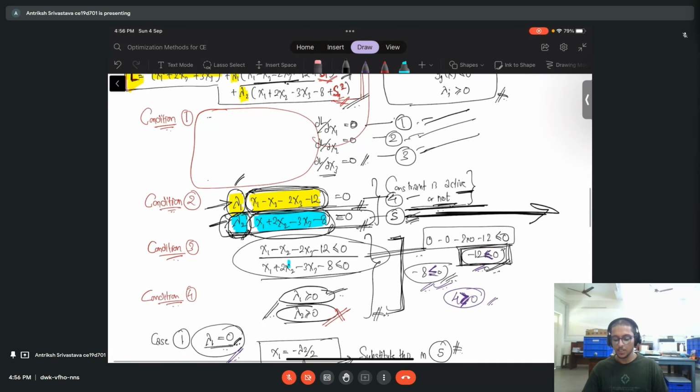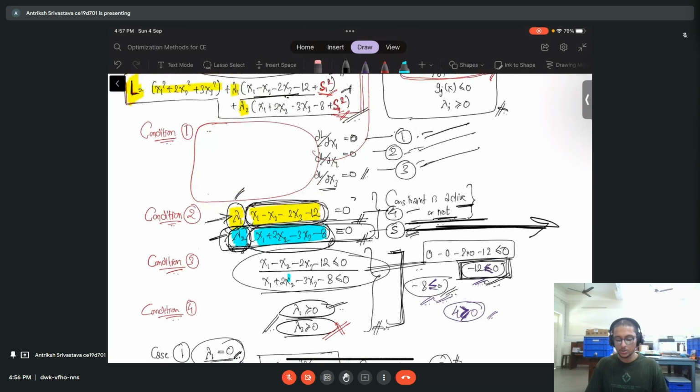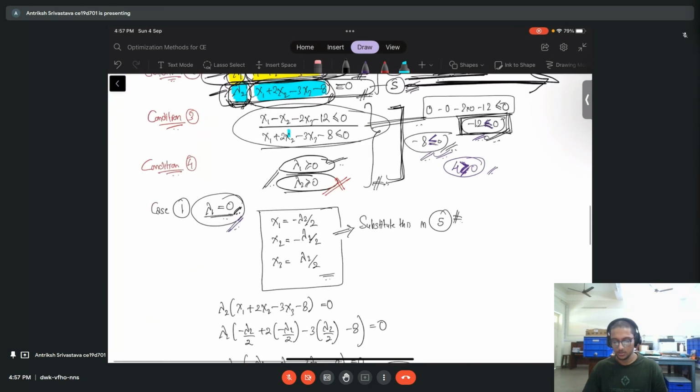While doing that, we have already used this particular equation, so we don't need to go for case 3 and case 4, where lambda 1 is 0 or this g(x1) is 0. Is that clear? Clear, sir. Okay, very good.